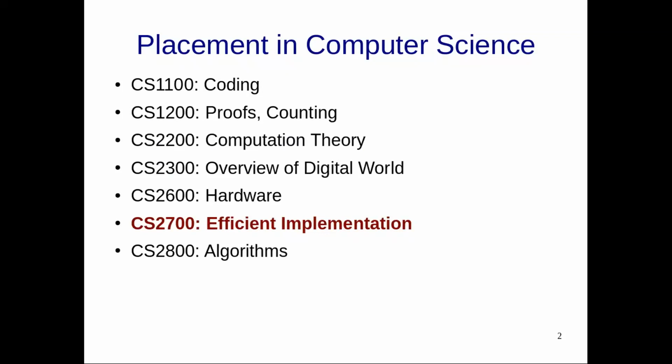In the second year, students learn a variety of different aspects of computer science. 2200 is languages, machines, and computation, which talk about what things are possible to be done by computers, as well as amongst the parts which are possible, what parts are going to be easier versus, let's say, difficult by some other computation.